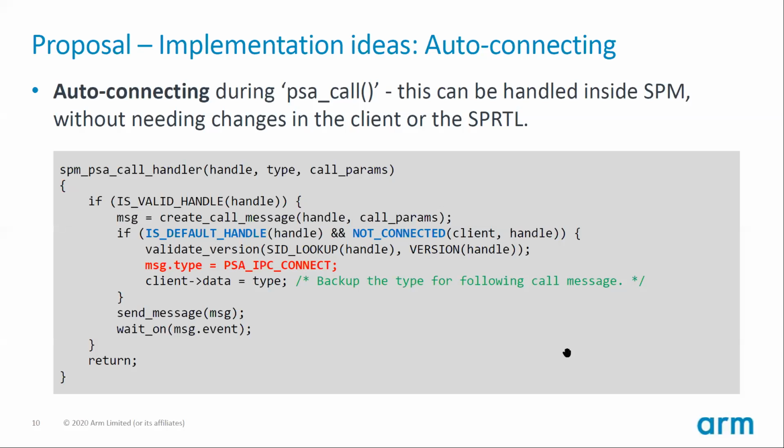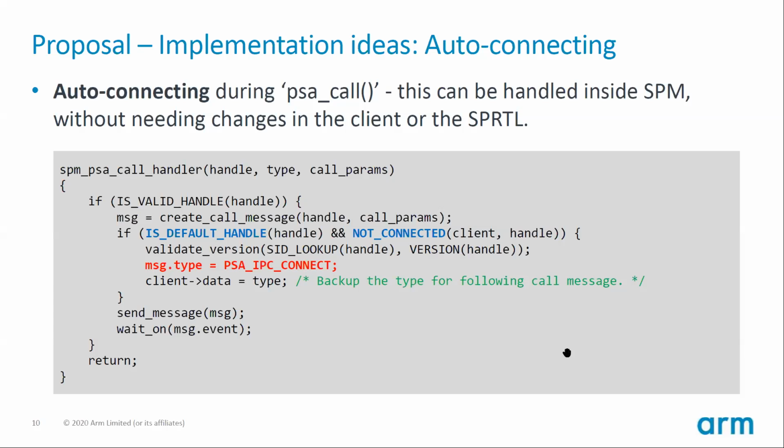Hello. So I think these are good solutions. So what about other solutions? For example, what about we only connect the secure partition the first time, and for the other service calls we don't need to connect every service every time.